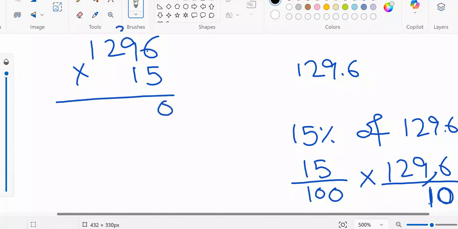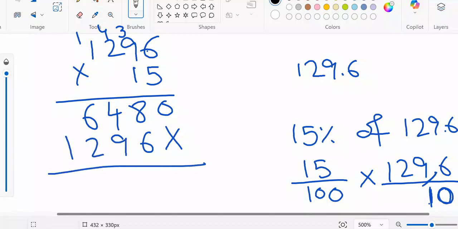5 times 6 is 30, 3 carried forward. 5 times 9 is 45, 46, 47, 48. 5 times 2 is 10, 11, 12, 13, 14. 5 times 1 is 5 and 6. And on the next line we will put here 6, 9, 2, 1 because it is multiplying by 1 only.